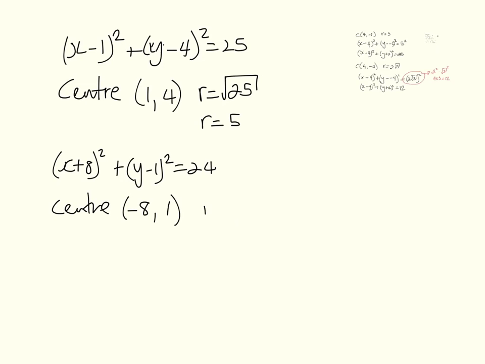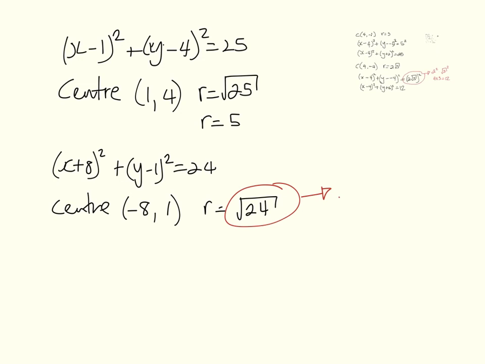The radius, on the other hand, is going to be the square root of 24. Now, we can simplify this because if you see it in an exam, they will want it in the simplest form, and leaving it as the square root of 24 just won't cut it. So what you'll need to do is, I'll do this as an aside as well, remember all your knowledge on surds.